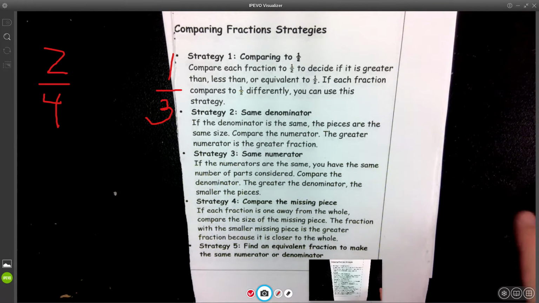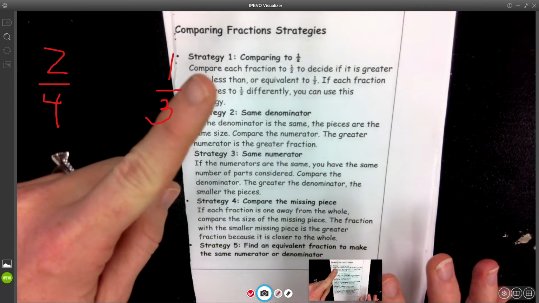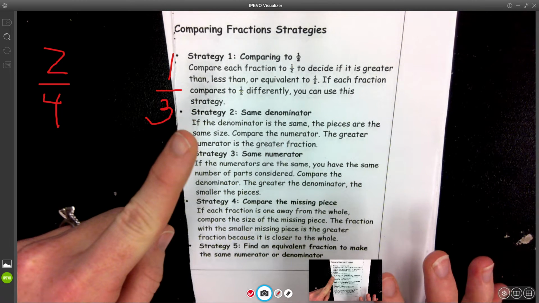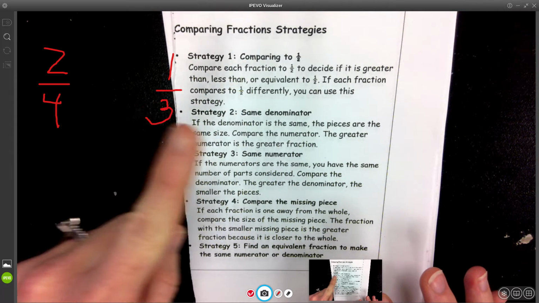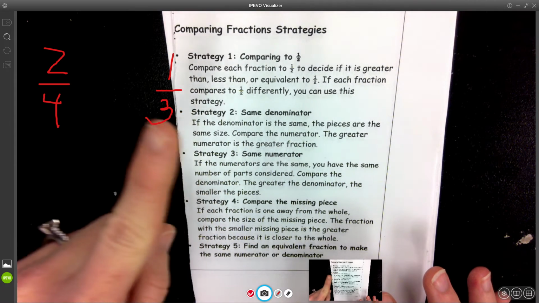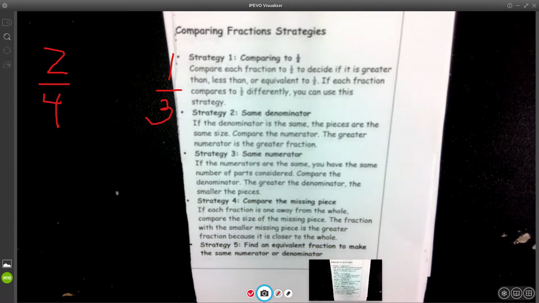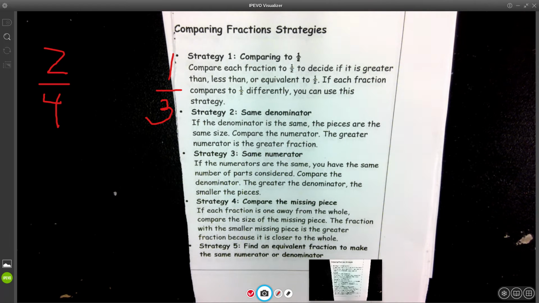And I also know that 1/3 is less than a half. How I know that is 1/3, that's a bigger denominator. So the larger the denominator, the smaller the piece. So I know that 2/4 is greater than 1/3. So that's using strategy number 1, comparing to a half.